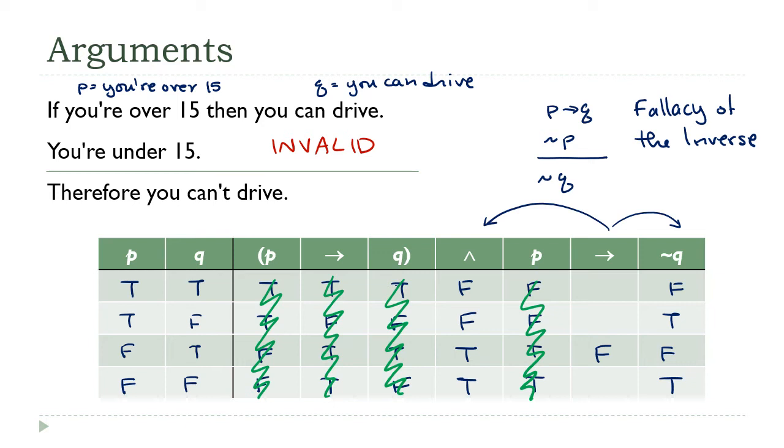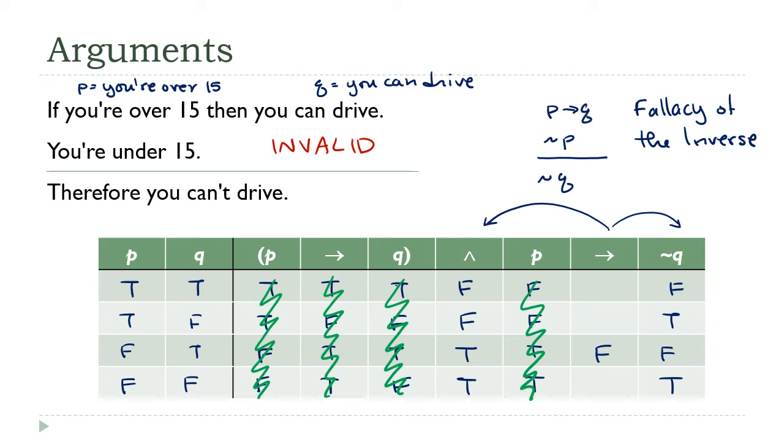If you try to think through this, here's why the argument is invalid. Remember, that implication doesn't tell me anything about what happens if the P part is not true. If the P part is not true, maybe the Q part is true, maybe it's not. It doesn't matter.